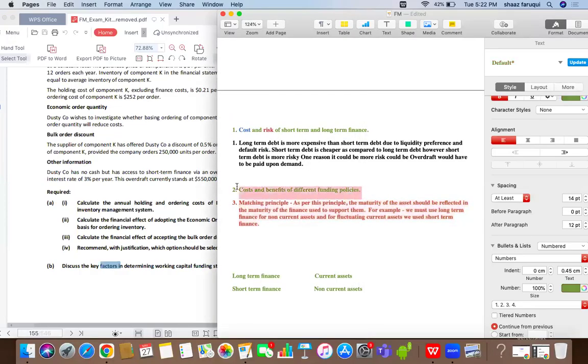Technically, that's why I've left this cost and benefit of different funding policies, because when we talk about funding policies, some people follow an aggressive policy, some a conservative policy. That's why I've purposely left this over here, because already two of you have talked about it. So that's where you elaborate here.